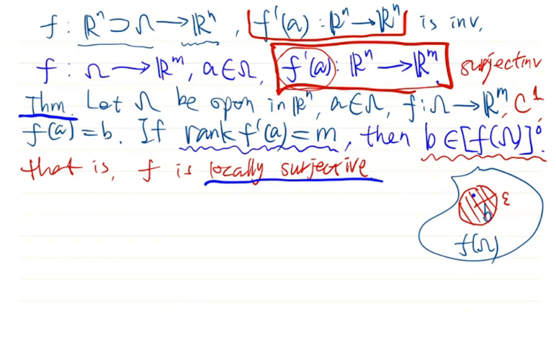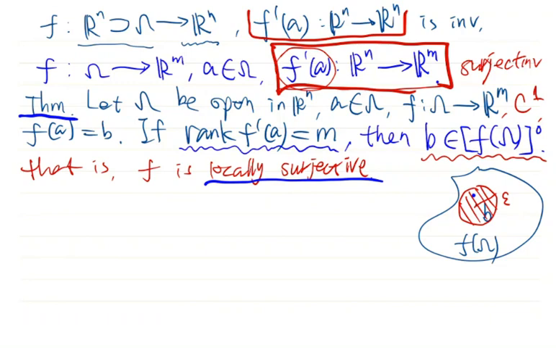But now our map is a map between Euclidean spaces of different dimensions. So how to prove this? The only way is that we use our map F to construct a new map between Euclidean spaces of the same dimension, so that we can apply the inverse function theorem to the new map.